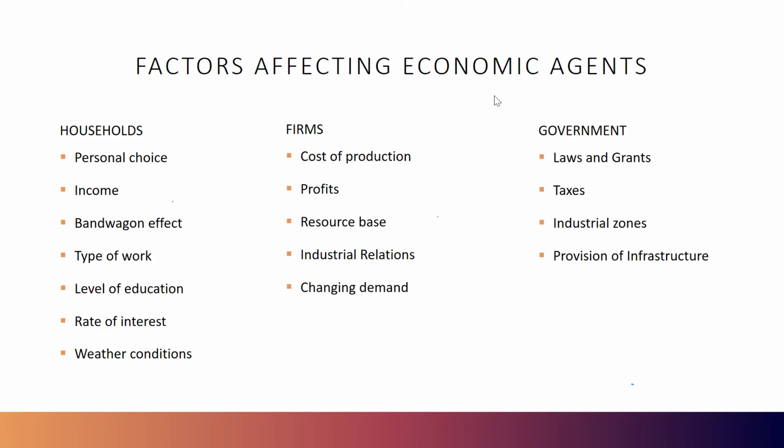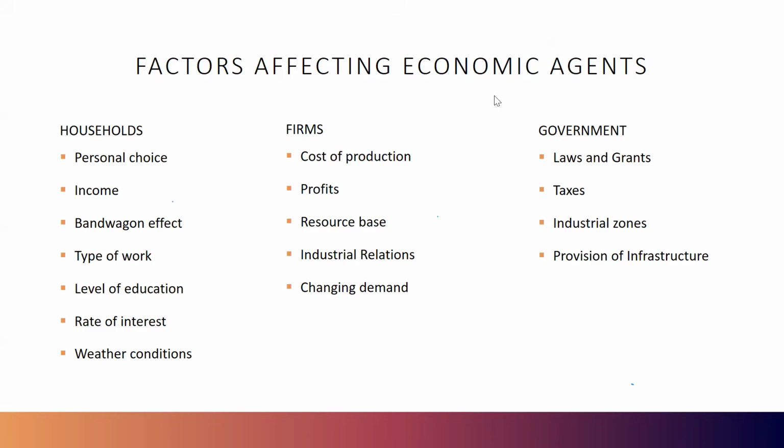The resource base: how many resources they have available to produce goods in the first place. Industrial relations: how is their relationship with their workers? Are their workers willing to put in extra work to produce more? And then changes in demand. People want less of this good, we will produce less of it. People want more of that good, we will produce more of it.